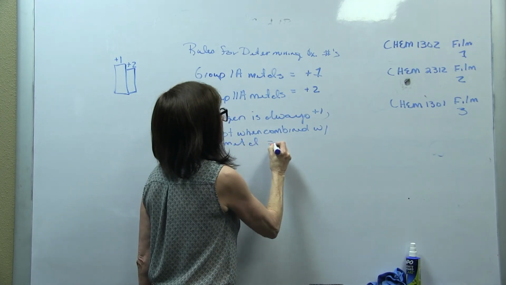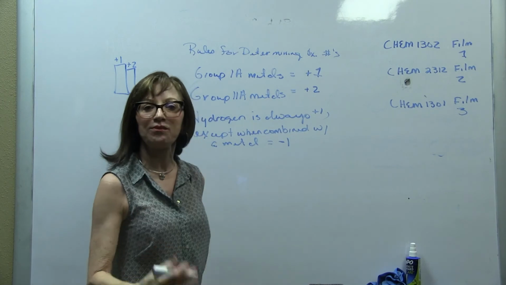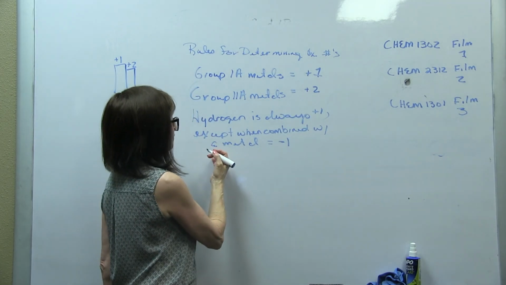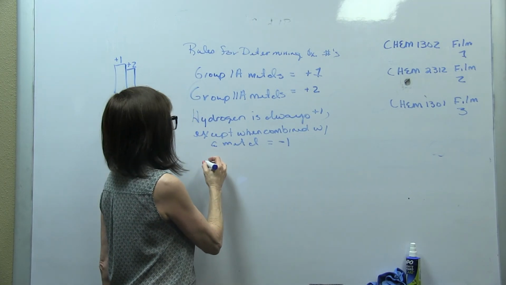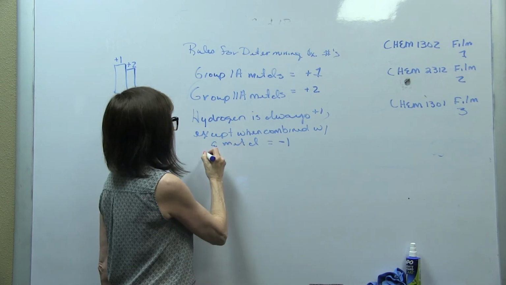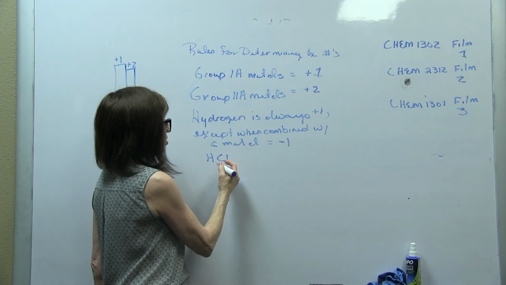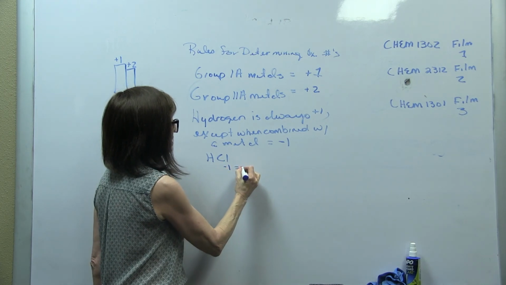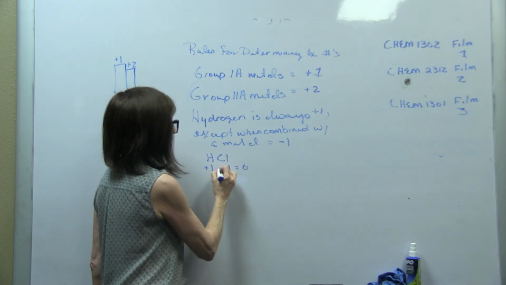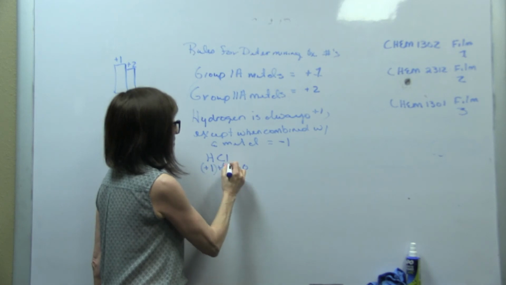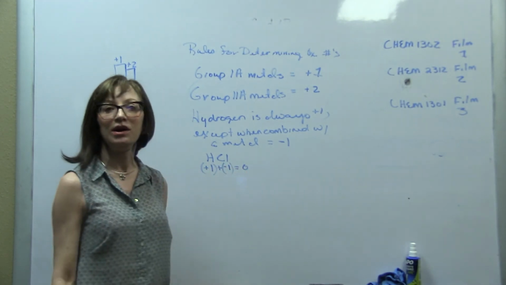And then it's -1. Give you two examples. HCl. Okay? HCl. Chlorine is -1. This has to equal 0. That makes the hydrogen +1. +1 plus -1 equals 0.